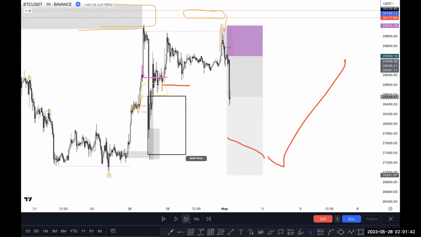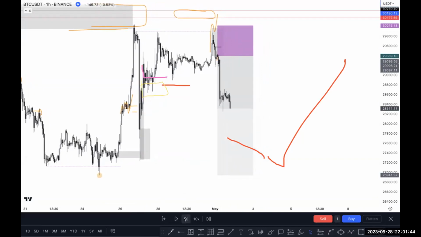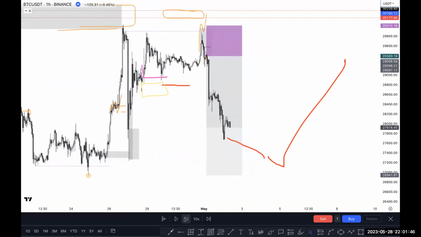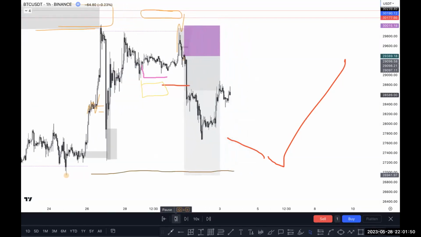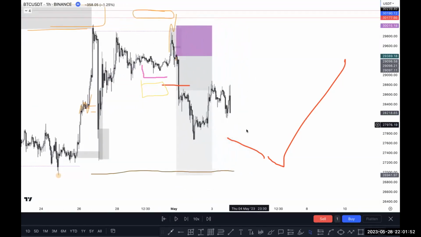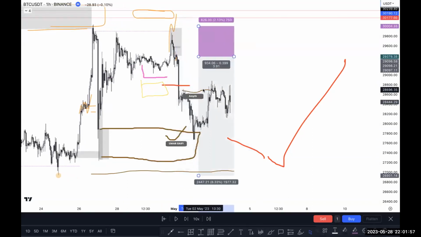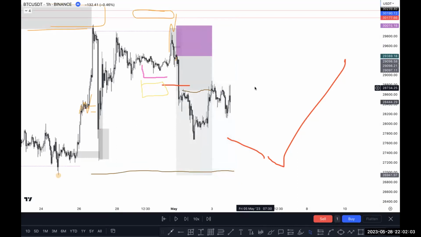This is a main target here. Again taking out this one. Taking out this inducement.